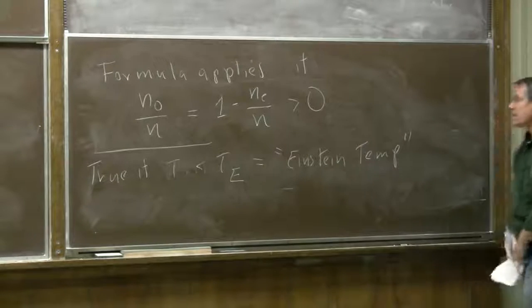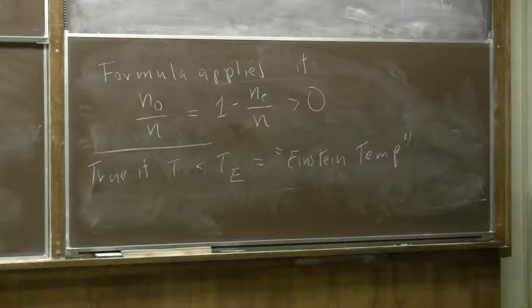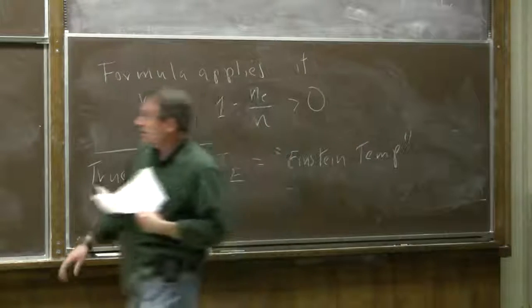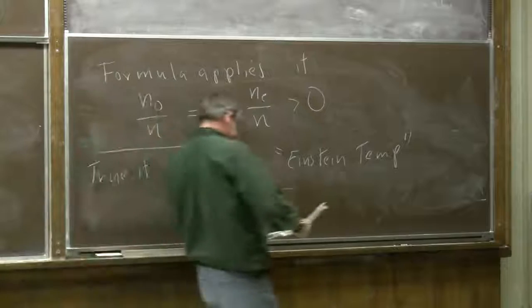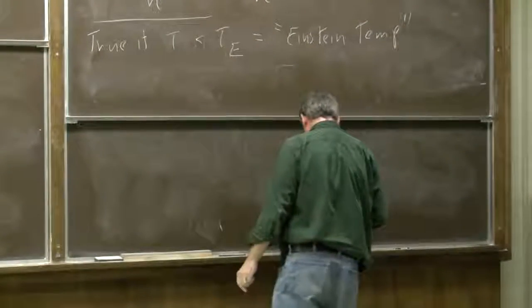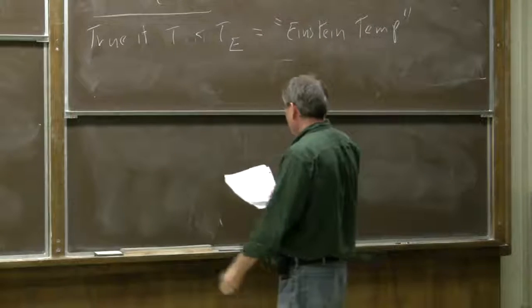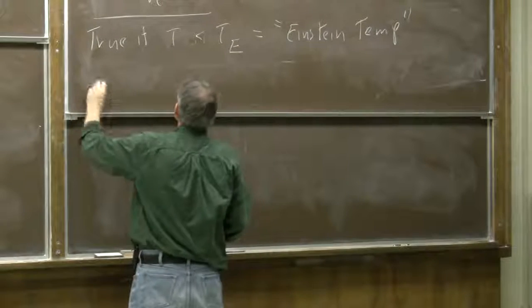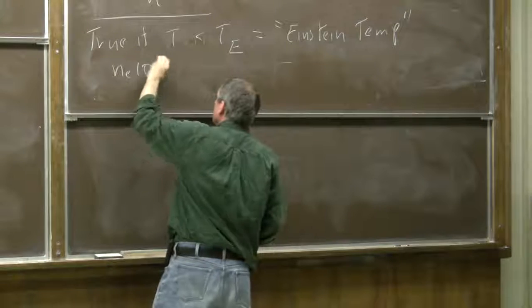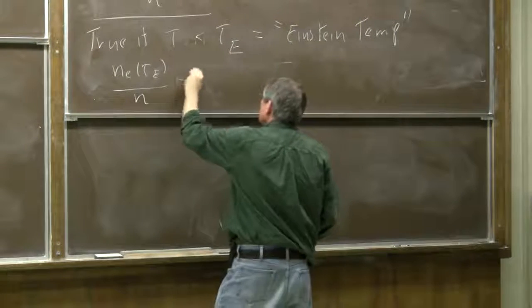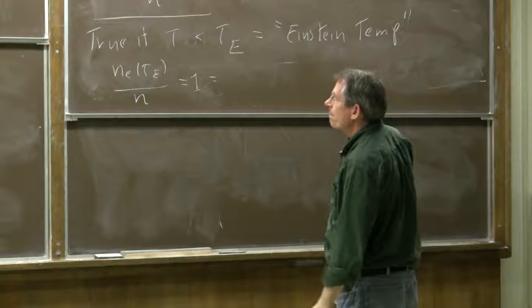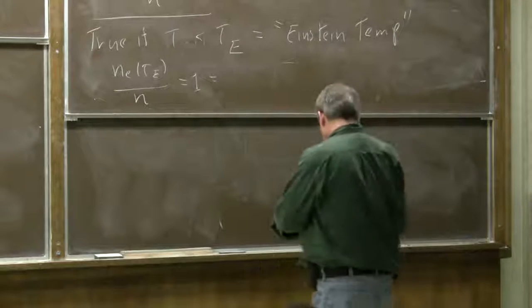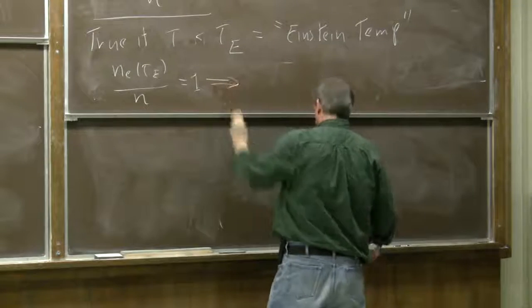And if the temperature is less than tau Einstein, N_E over N will be less than 1, because N_E over N is proportional to tau to the 3/2, so it increases with tau. So from N_E of tau Einstein over N equals 1, we can figure out what tau Einstein is.